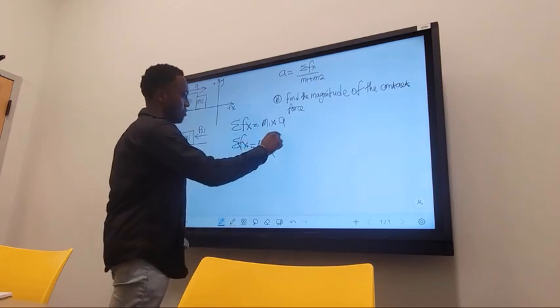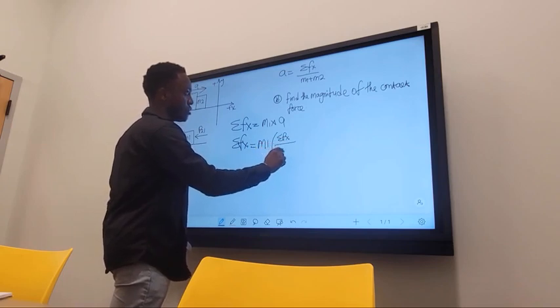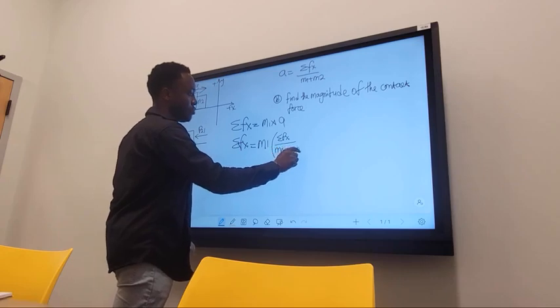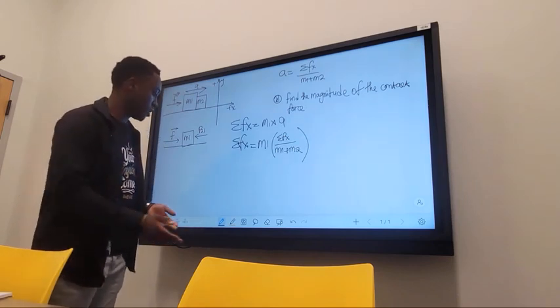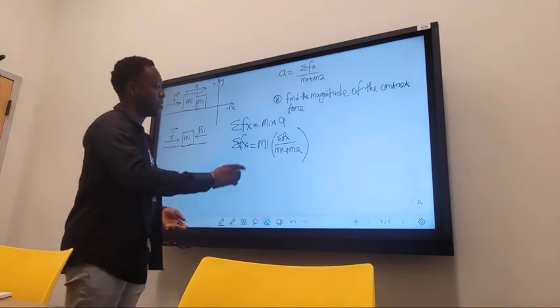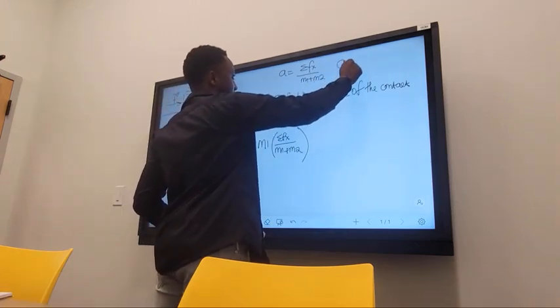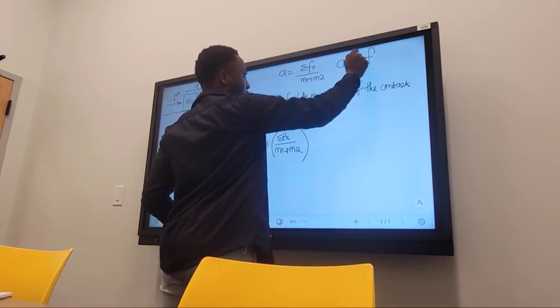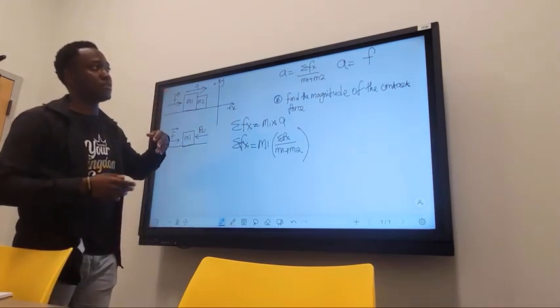So we're going to have the summation of forces in x over m1 plus m2. You can write it like this, or, as on the first question, you can say acceleration is equal to all forces. You just say F because there is no other force, so you don't even have to specify.